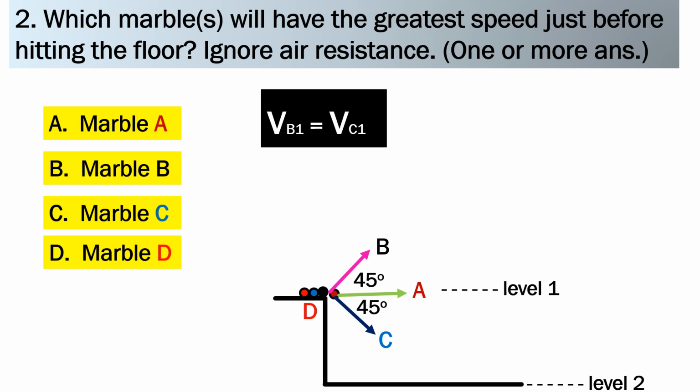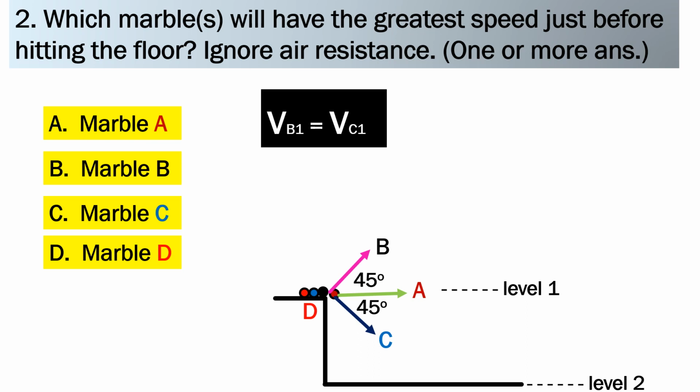But remember, marble B is still going to go up and then come back. When it reaches that level, level 1 in our diagram, the speed of marble B will still be equal to the speed of marble C, when marble C is still at that level.